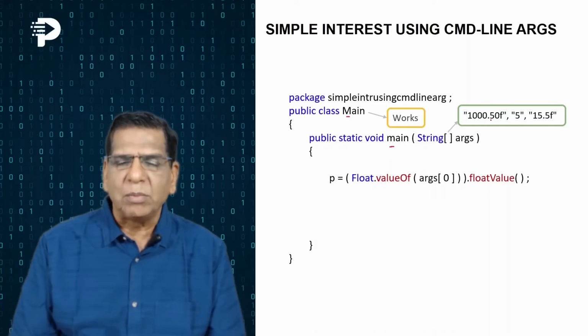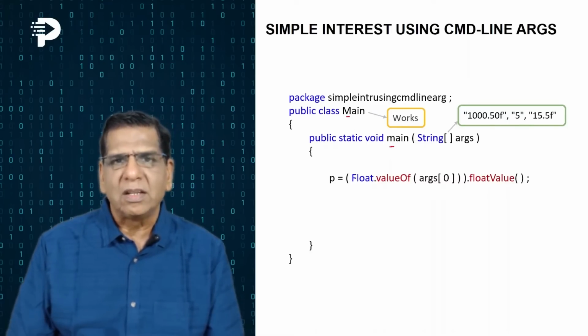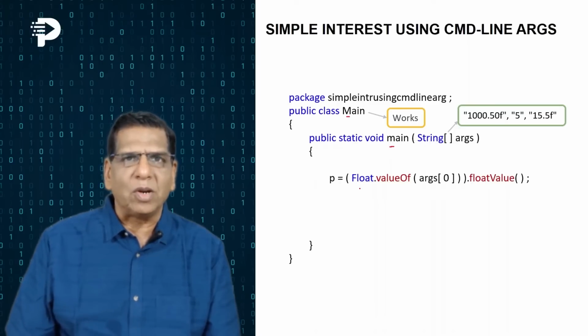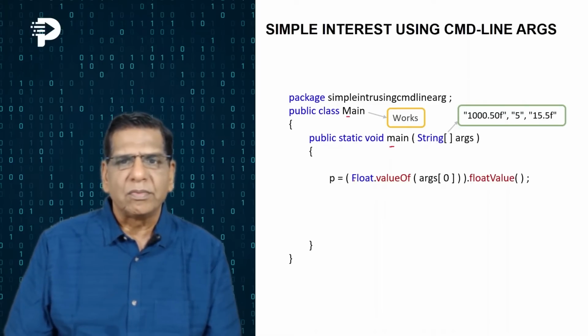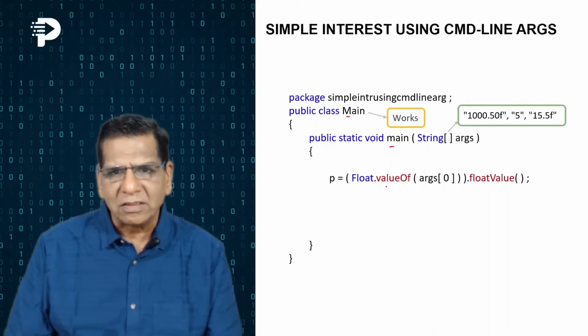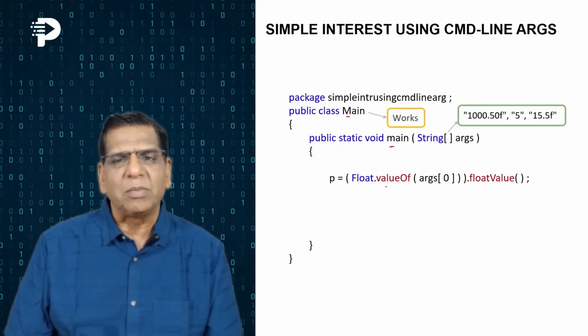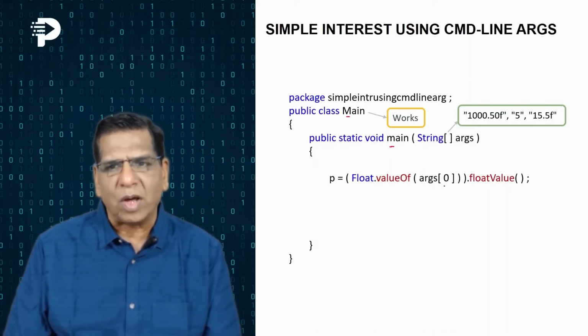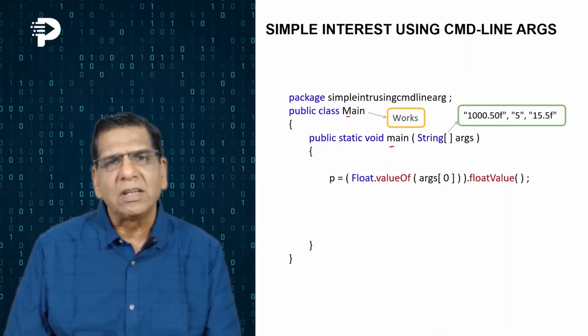Now to convert them into their numeric equivalent, we need to make use of a ready-made class available in the Java library called Float. That Float class has got a static method called valueOf. Method means function. Within this class Float, there is a static method called valueOf. I am calling it and passing to it args[0], which means 1000.50.